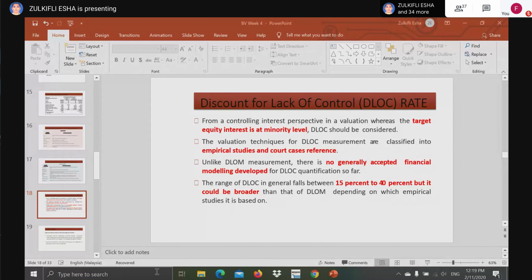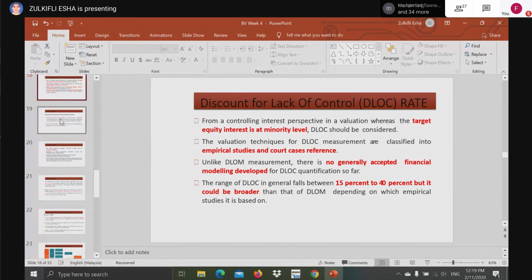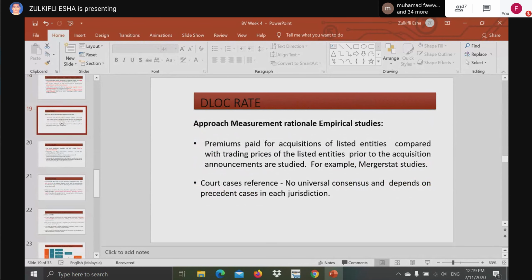Let's move to the next slide. Discount for lack of control rate. Approach, measurement, rationale, empirical studies.